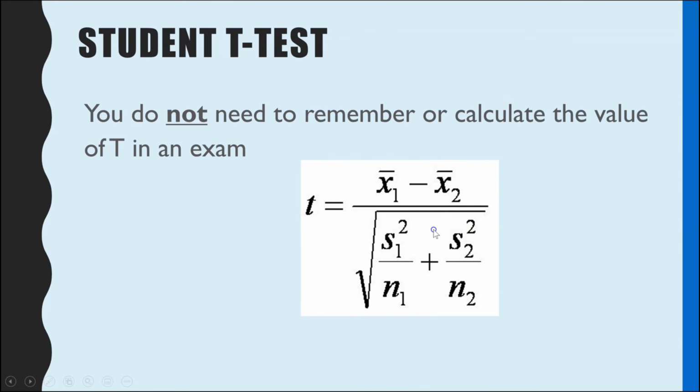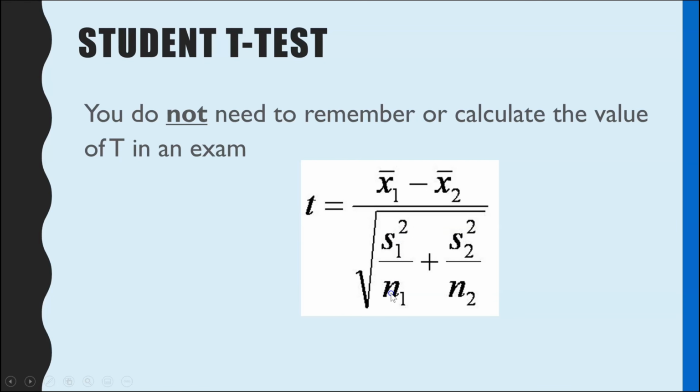This is how you would calculate it. So if you did need it for a required practical, then you'd use this formula, where x1 is mean 1 and x2 is mean 2. Here is your standard deviation of the first set of data, but you'll have to square it, and n is the number of samples. I'm not going to go through that in this video though.